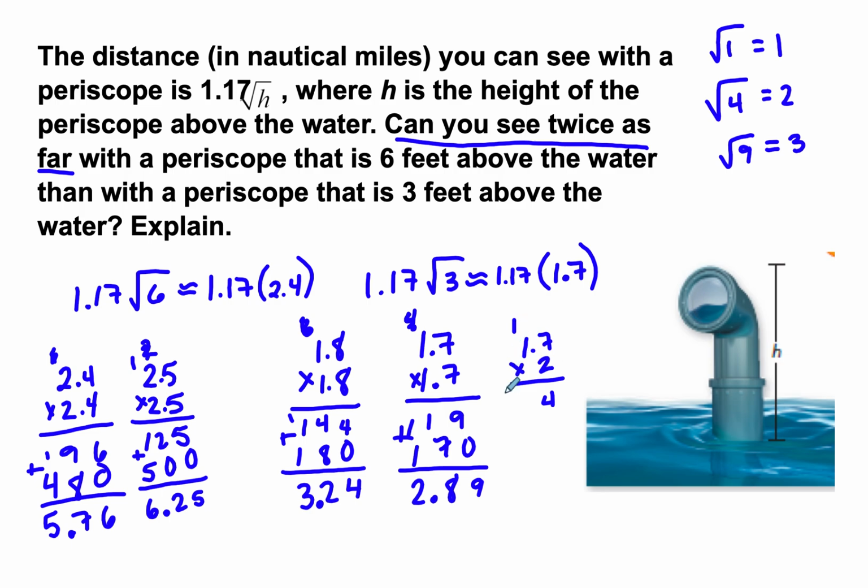Here I have 2 plus 1 is 3. 1.7 times 2 would be 3.4. So I'm going to write no. Square root of 6 is about 2.4. And square root of 3 is approximately 1.7.